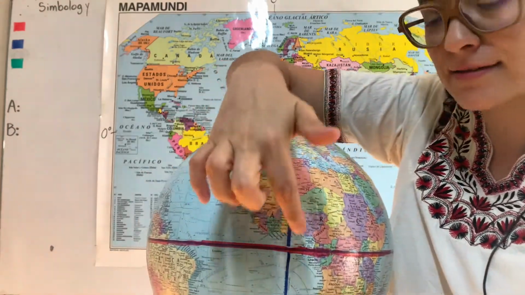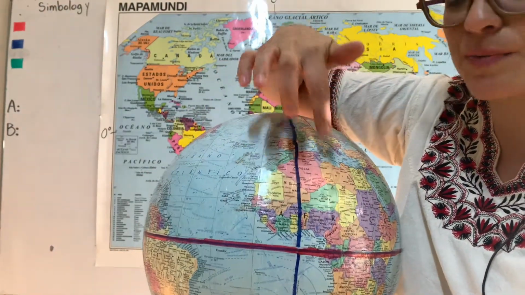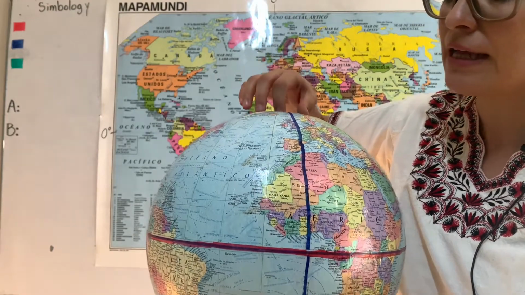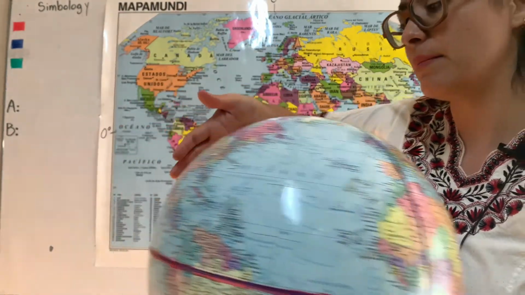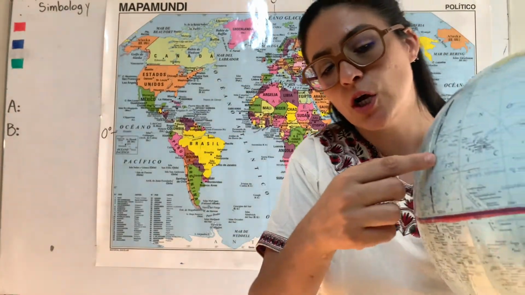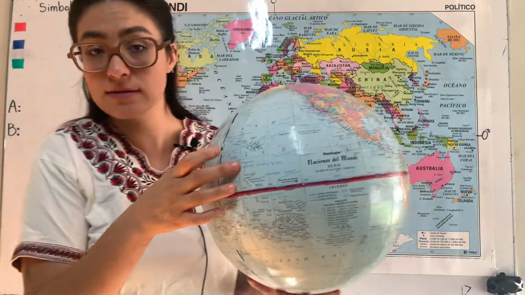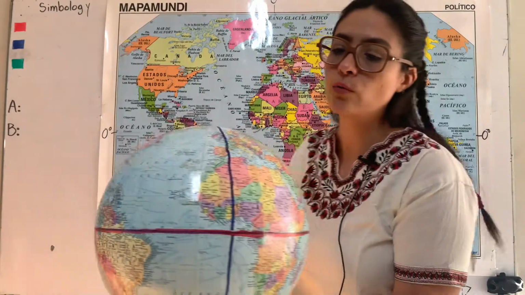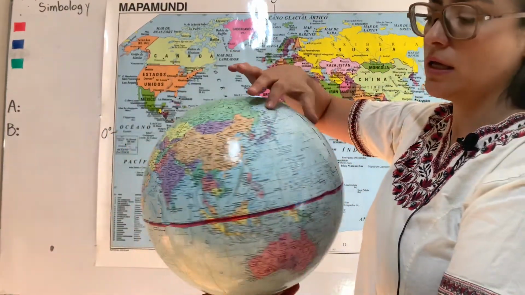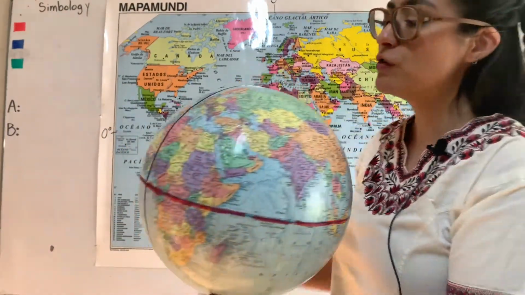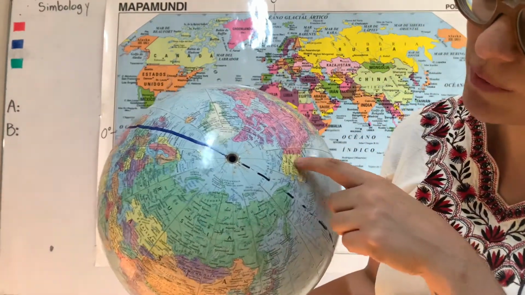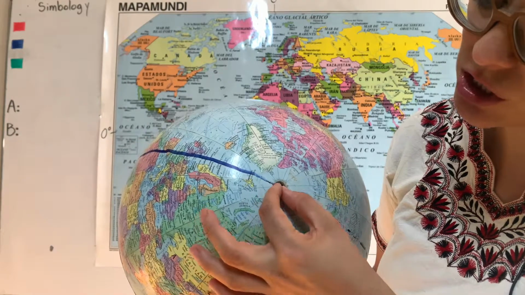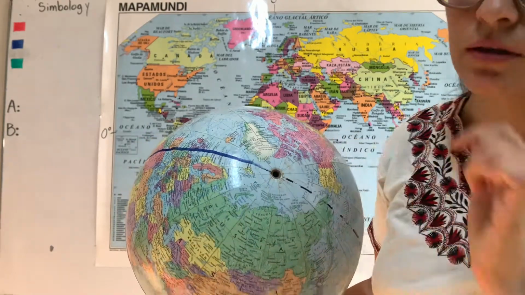The meridians: this is the prime meridian or Greenwich meridian. This prime meridian has 180 meridians going to the eastern part, and 180 meridians going to the western hemisphere. And if you see from the top, from above the planet, you will see that all of the meridians touch each other, but only at the poles.